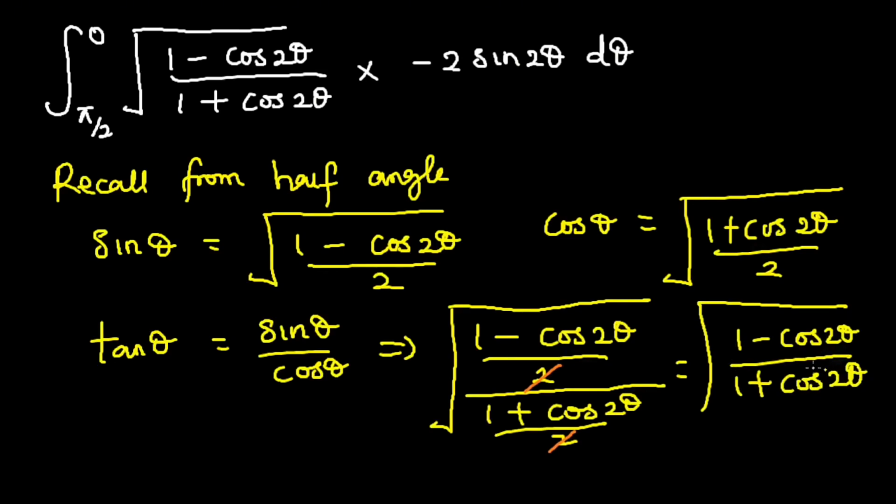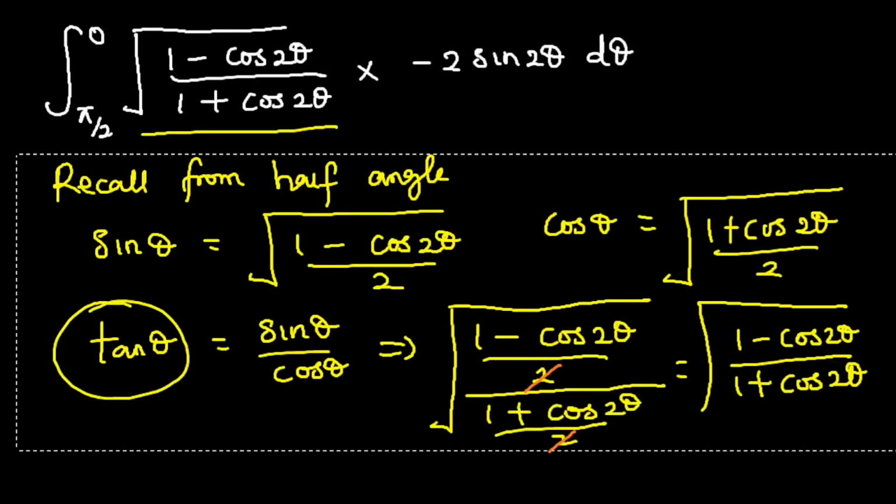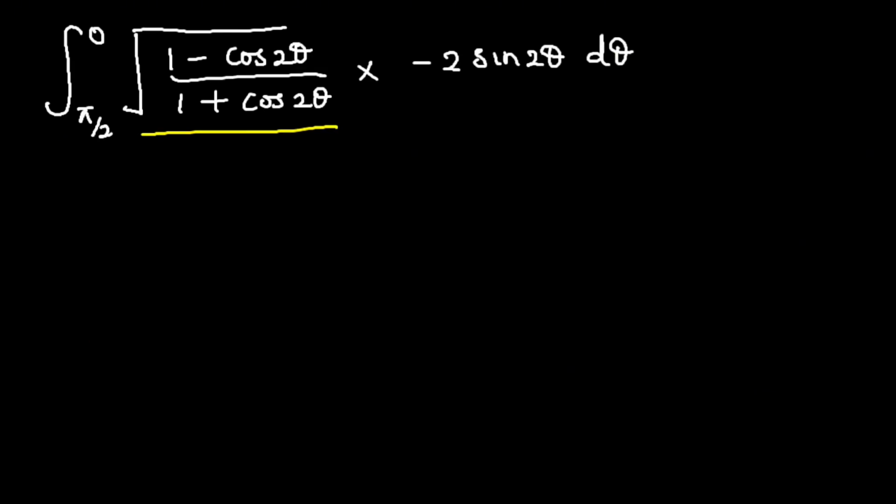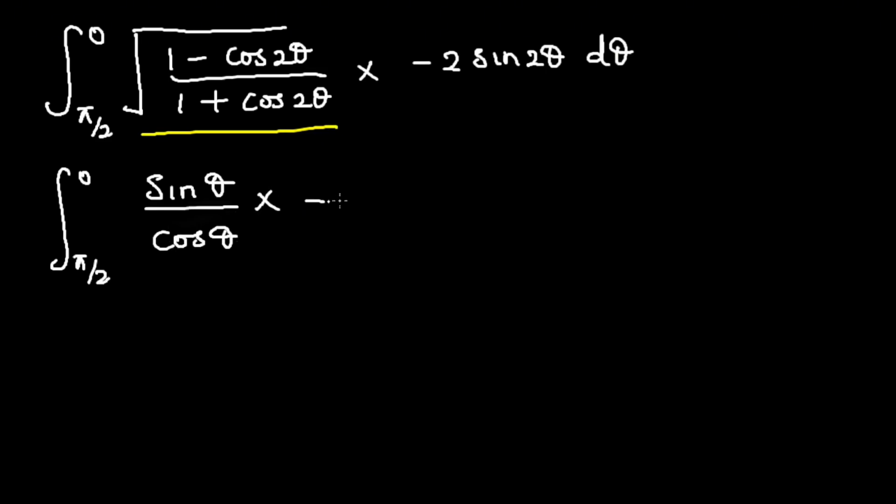So in essence, this whole expression is the same thing as tan theta. Do you understand? So we will fix that into the question, knowing fully well that this is now the integral from pi over 2 to 0 of tan theta, which is the same thing as sine theta over cos theta. We've proven that earlier, times -2.